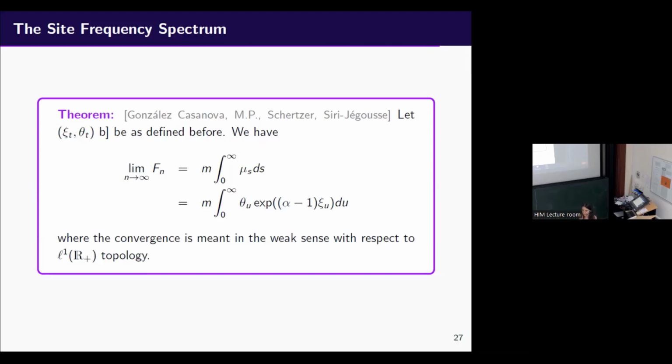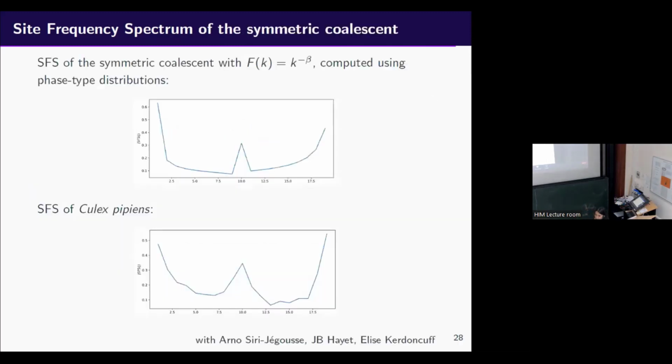In addition, we also prove for the symmetric coalescent, the nice one that I presented at the beginning, using a technique called phase-type distributions, in which Arno is an expert, and with a colleague who is a computer scientist and is very good at counting partitions. He wrote a very efficient algorithm so that we can compute exactly. This is not a simulation, it's an exact computation of the site frequency spectrum of the symmetric coalescent, and we can have the expectation, the second moment, and whatever moments you want.